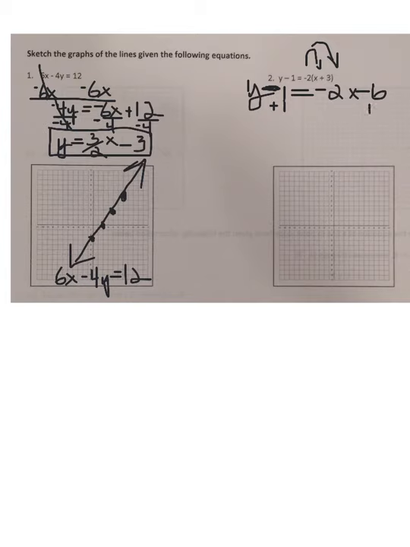So add 1 here, add 1 here, which is going to cross that negative 1 out, and then I'm going to get y equals negative 2x, and that'll be minus 5.